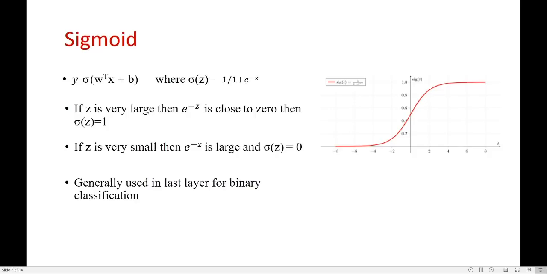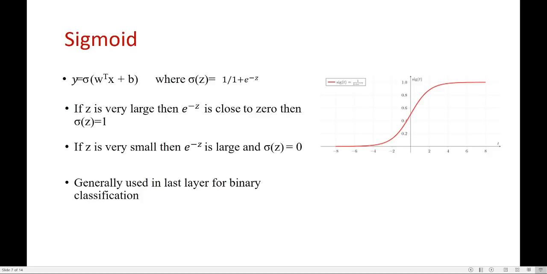So the sigmoid function will be sigmoid of z is equal to 1 upon 1 plus e raised to minus z. The corresponding graph is presented in the diagram. The red curve is indicating the output of the sigmoid activation function. The output will vary between 0 and 1.